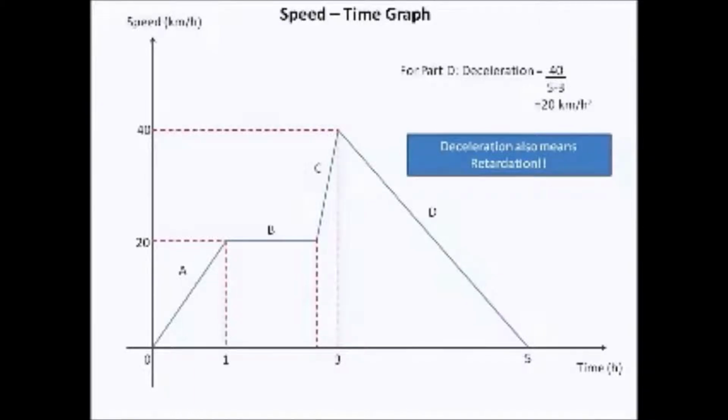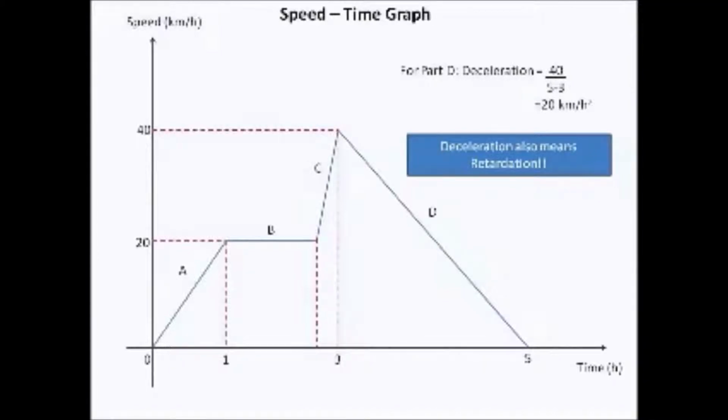Be mindful that deceleration is sometimes also known as retardation. In some instances, acceleration can be negative as well. So if you see a negative acceleration, it also means that it's deceleration.